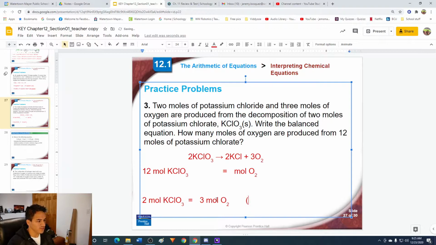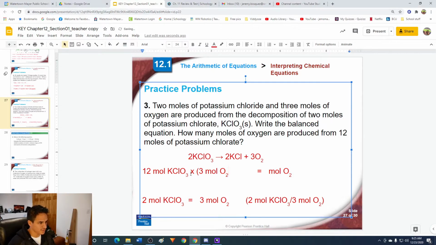That also can be written as a fraction. So 2 moles of KClO3 for every 3 moles of O2. And once we can write it as a fraction, this basically is just a conversion problem. We're just converting moles of KClO3 into moles of O2. And our conversion factor is given to us. So we just have to set up our dimensional analysis to cancel out the right units.